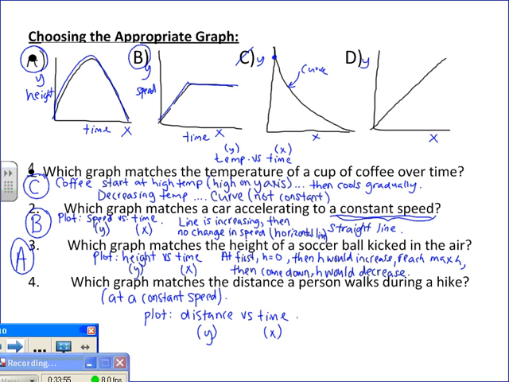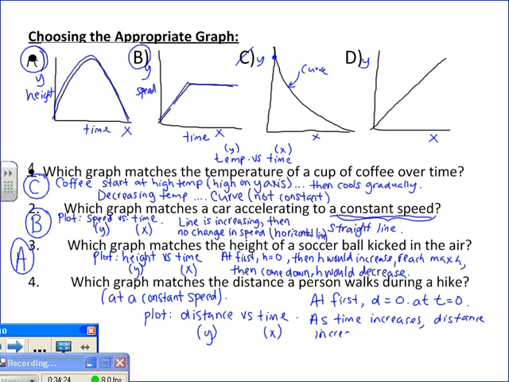Well, at first, our distance would be equal to 0 at time 0, because they haven't gone anywhere yet. But as they start hiking, as time increases, so as x increases, I would expect that the distance would increase.